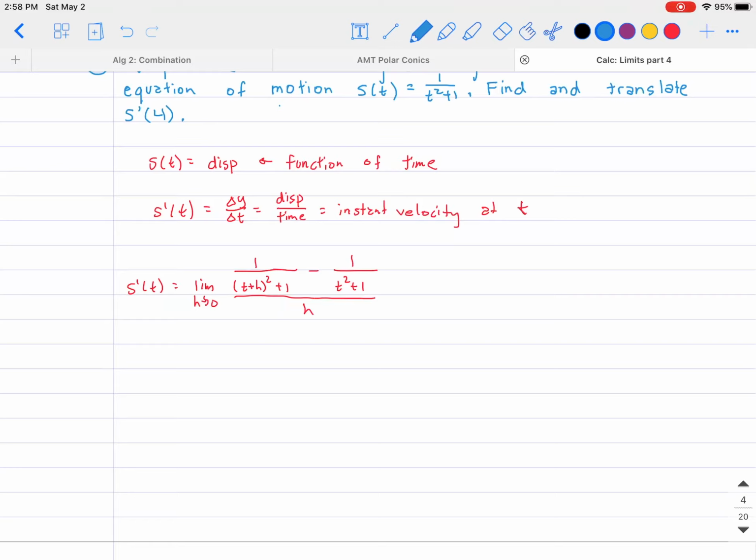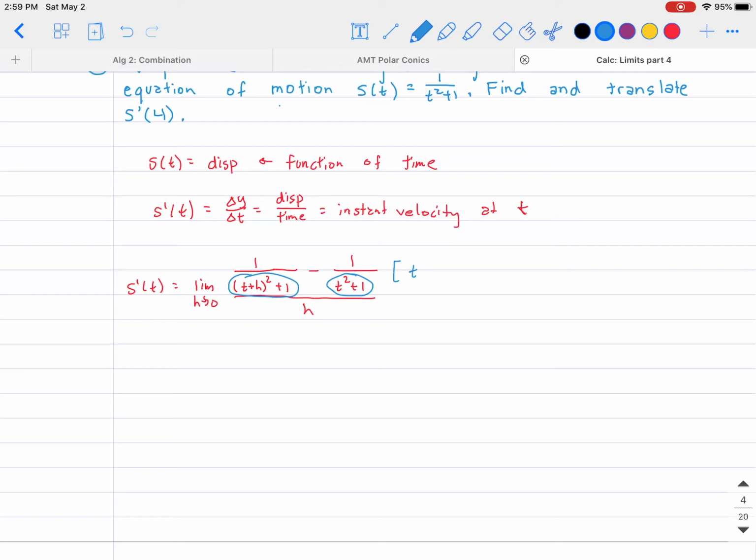What we'll do is, again, an algebra trick that allows us to simplify this as much as possible. I don't like that there are fractions within a fraction, so I need to multiply by something in order to get rid of those minor fractions. And that something would be the LCM. So the LCM being this guy right here and also this guy right here.